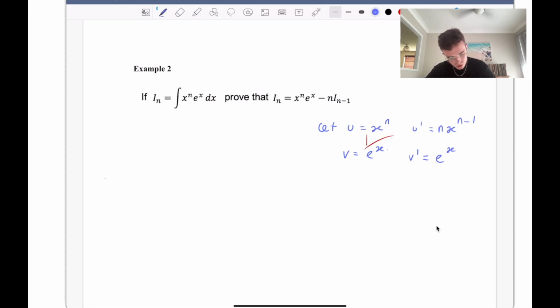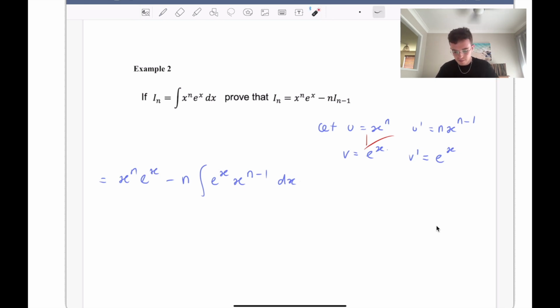So this is equal to x^n e^x minus the integral of n times e^x x^(n-1) dx. Now, this is where recurrence relationships are not that difficult, because we don't have to do complex integrals.